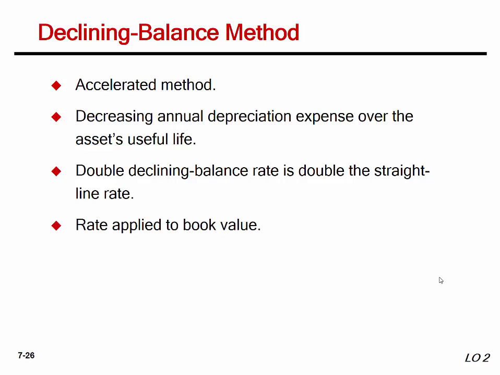If you double that, it would be 10% for the double declining balance rate. So be careful when you're doing your homework or a test question or a comprehensive final exam question. You first have to calculate the straight line rate, and then you double it for the double declining balance method.